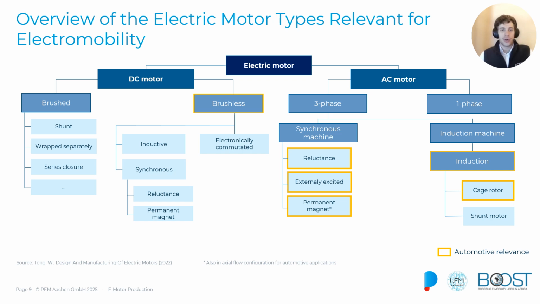Within the AC motors, we can divide between the synchronous motor, where the rotor and the magnetic field of the stator are synchronized, and the asynchronous motor, in English induction machine, where the rotor follows the magnetic field of the stator with a small delay. This delay is called slip.